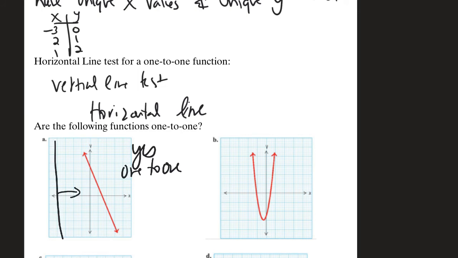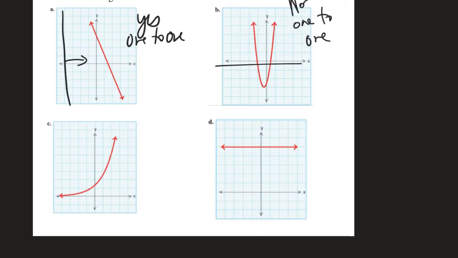For b, this is a function because it passes the vertical line test, but it is not a one-to-one function because it doesn't pass the horizontal line test. Not one-to-one. For c, this is an exponential function.